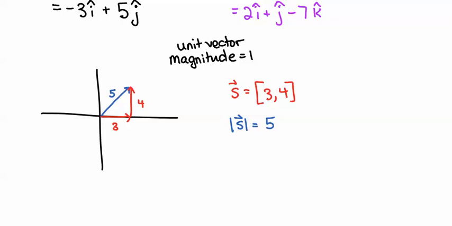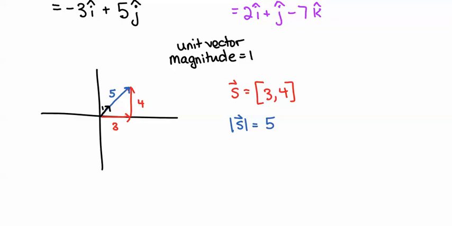Instead of doing it the way I was doing with the i hat, j hat, k hat, which is way more useful, there is another way. If we want this to have a magnitude of 1, we're pretty much going to have to divide our components by that magnitude.